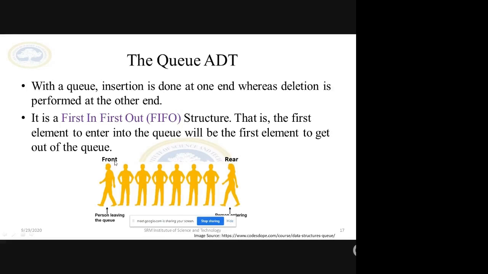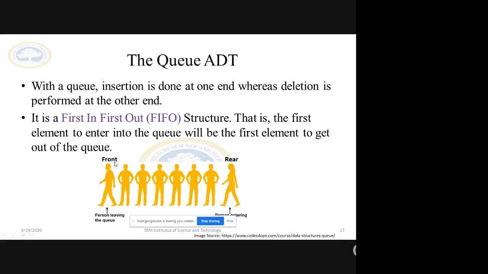And when you delete, you will give it as top minus 1. But in your queue, when you are pushing or enqueuing, you will be giving it as rear plus 1.